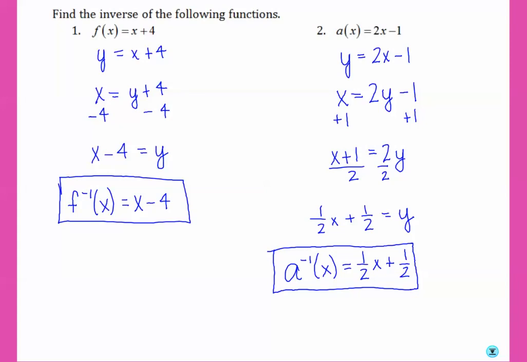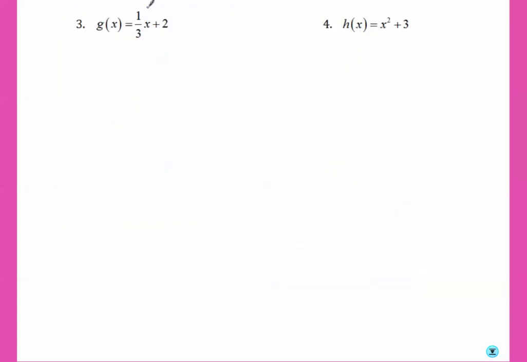So let's move on to some trickier examples. Rewrite g of x as y. Switch our x and our y. And then solve for y. So subtract the 2, subtract the 2.